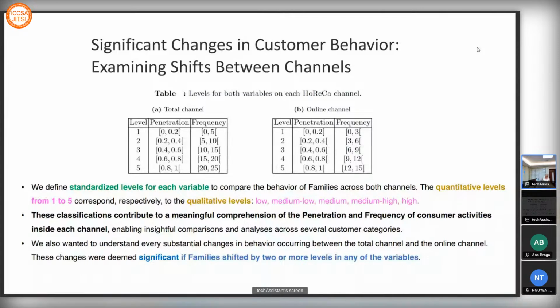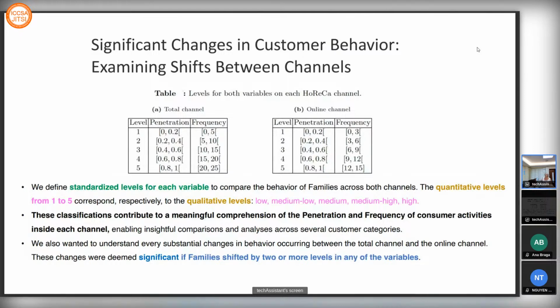To analyze the changes in customer behavior, we defined levels for both variables on each HoReCa channel. We defined standardized levels to compare this behavior, and the quantitative levels from 1 to 5 correspond to qualitative levels from low to high.